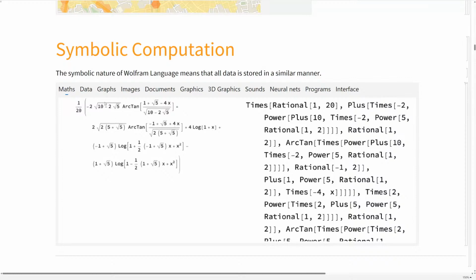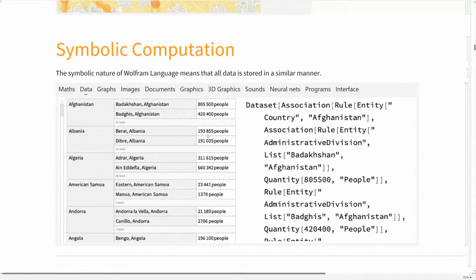Here on the left you can see a math equation, and on the right, behind the scenes in code form, it will just be a head with arguments, and again when you move one layer inside, it will still be a head with arguments.